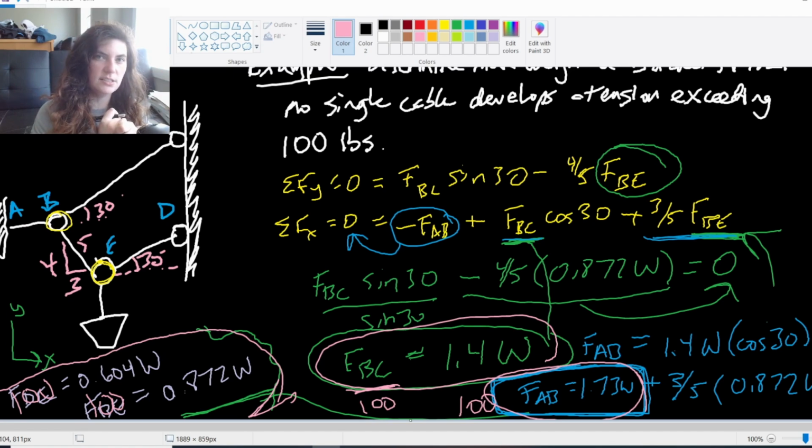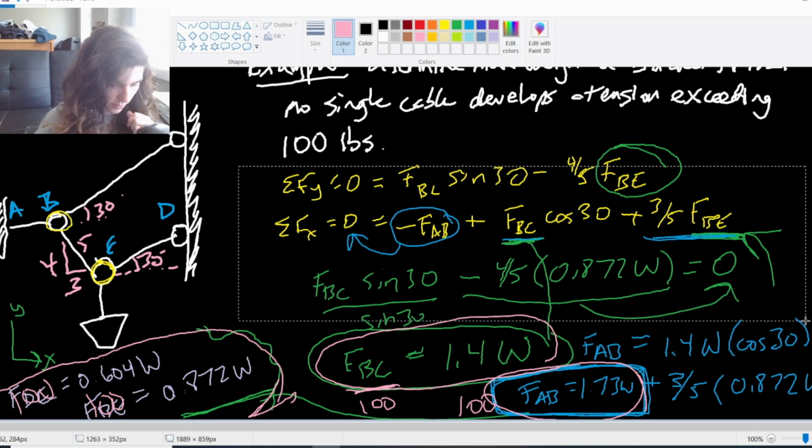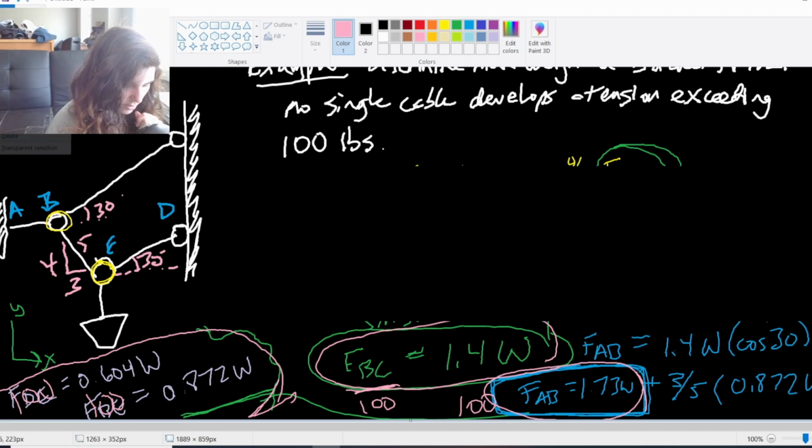Does that make sense? This idea that if I were to plug in, let's say, this equation, right?